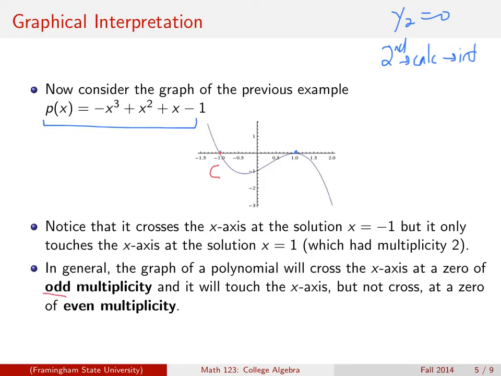on odd multiplicity. I like to think of the O and cross for odd. And then we bounce for even multiplicity. Now, bounce is not a very technical term. We just touch the x-axis. We're not allowed to cross or cut through it. So that's an important concept to notice and take advantage of.